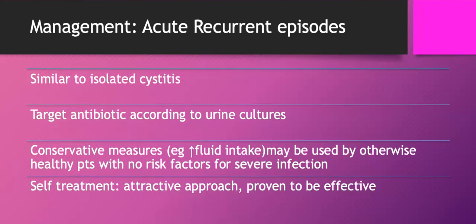But with some patients you can also use conservative management, for instance encouraging increased fluid intake, which may be better for patients who are otherwise healthy with no risk factors for severe infection. There are also other options, like self-treatment, which is an attractive approach and has been proven to be effective.